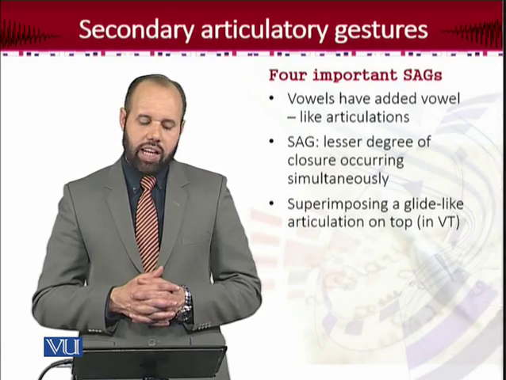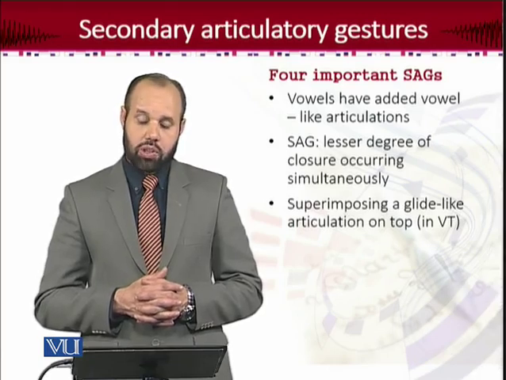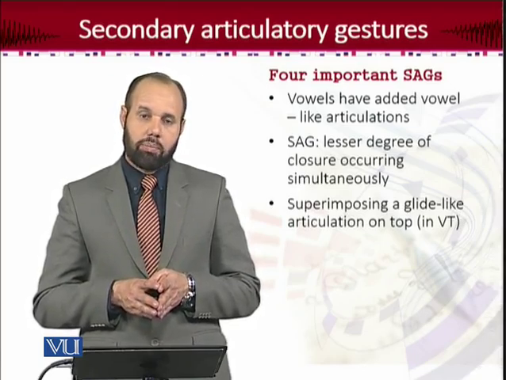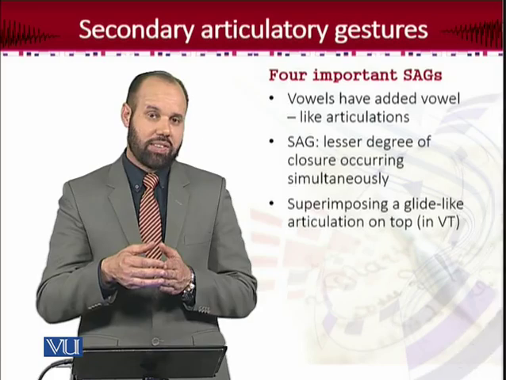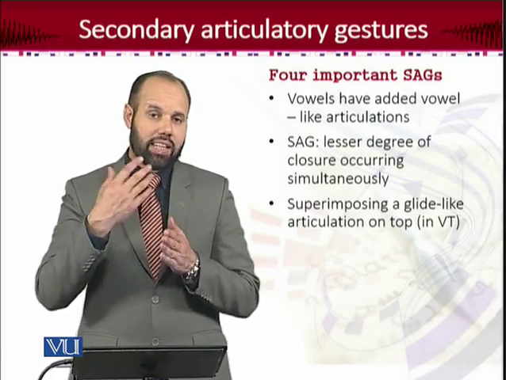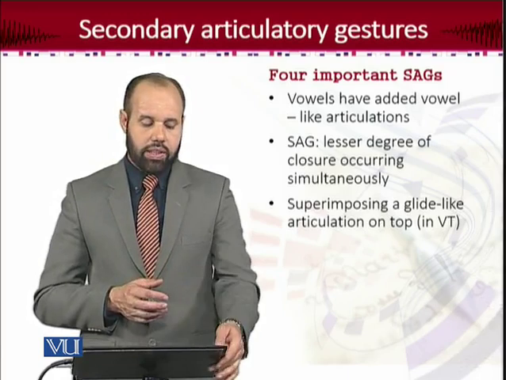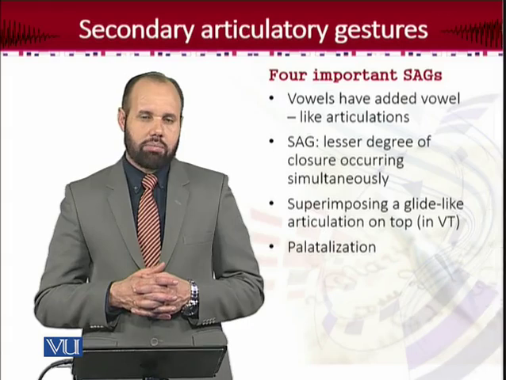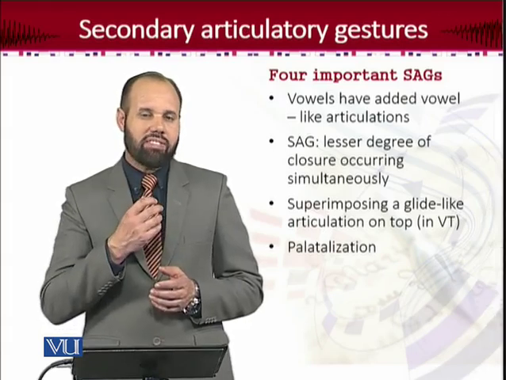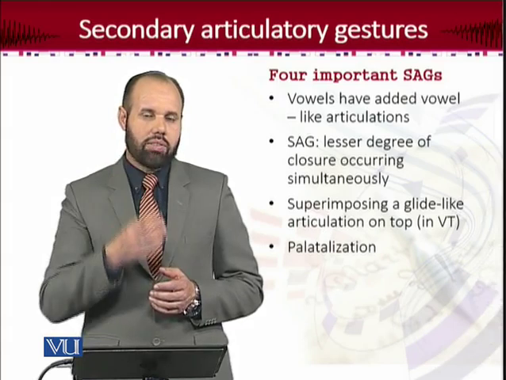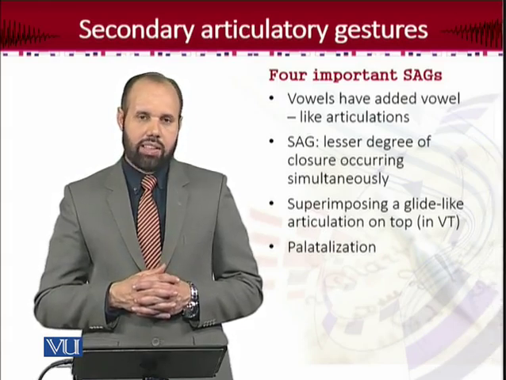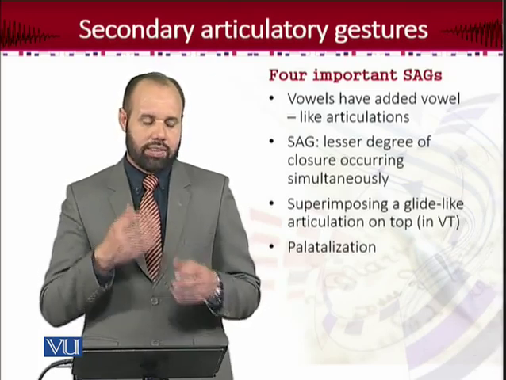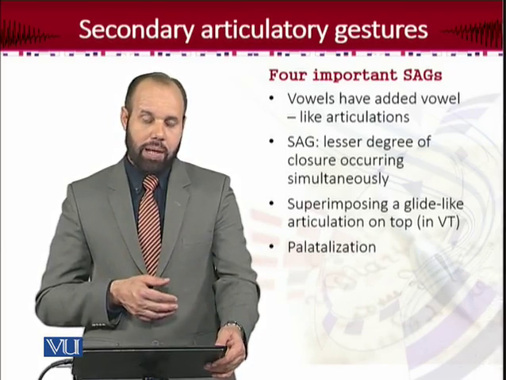So the secondary articulatory gesture is the superimposition of a glide-like articulation on top of the primary articulation. That's something which is added, and it takes place in the vocal cavity. For palatalization, when the back part of the tongue is taken up, and the palatalized addition is superimposed on any sound, that's called palatalization.